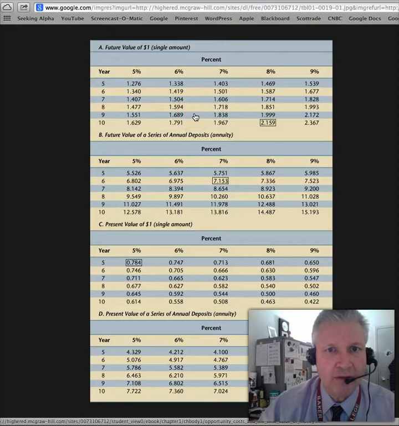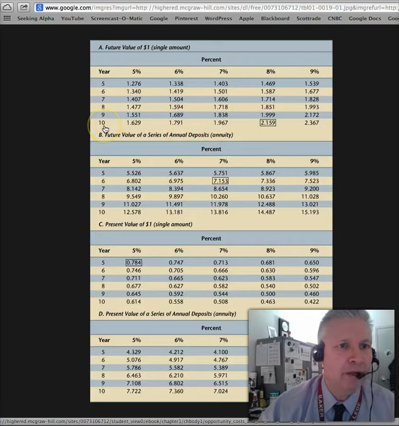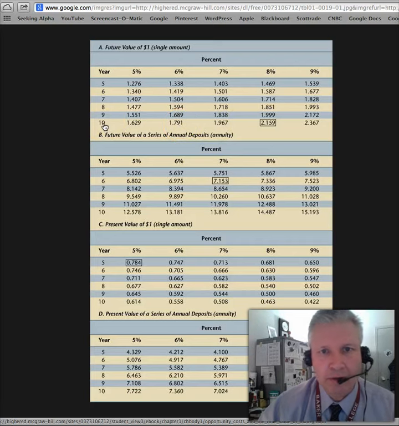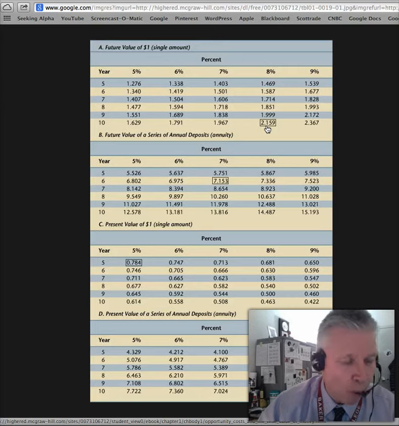So all you need to do is follow these 2 points, 10 years and 8%, and find where those 2 items intersect. In this case, it's 2.159. That is known as your factor.